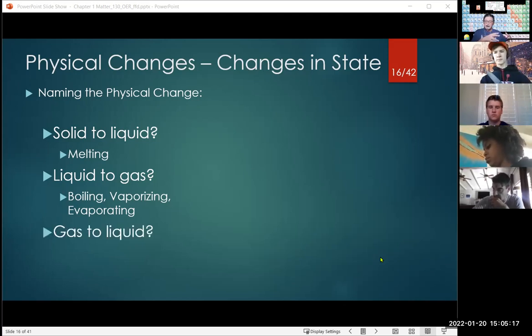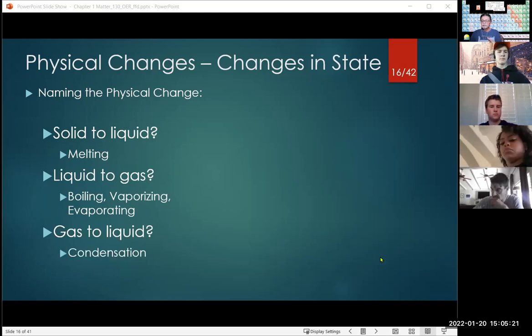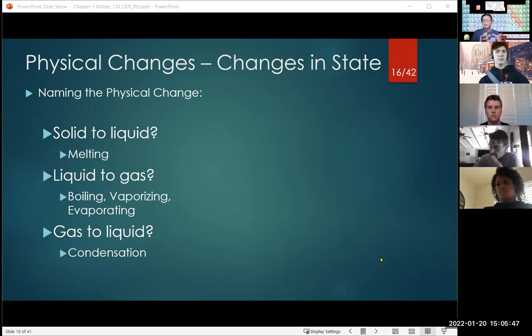And when a gas goes to a liquid, guess what? Condensation, right? You have a cold drink, ice cold water, right? You let that glass sit there for a while. What happens to the outside of the container? It gets wet, right? That is called condensation, because the water vapor that's out in the atmosphere hits the surface of that cold container.